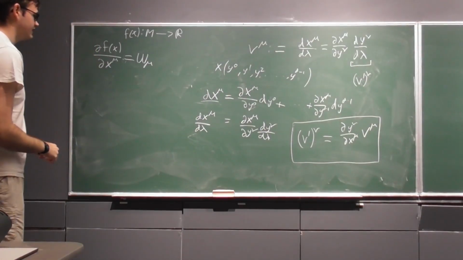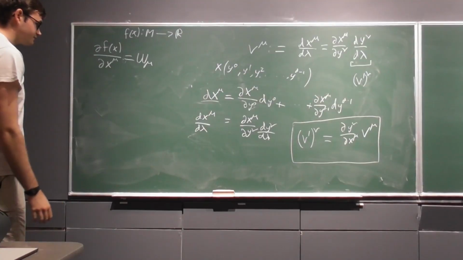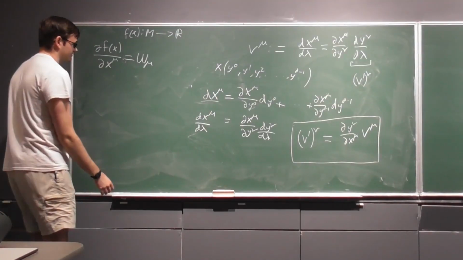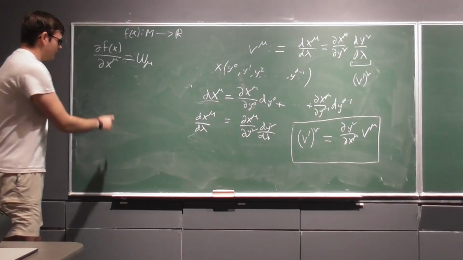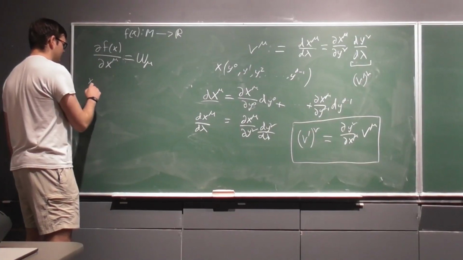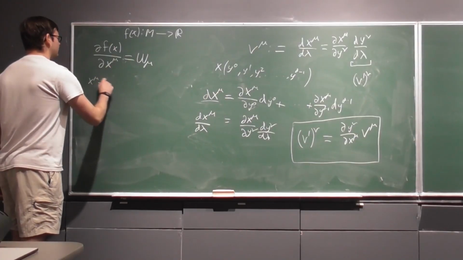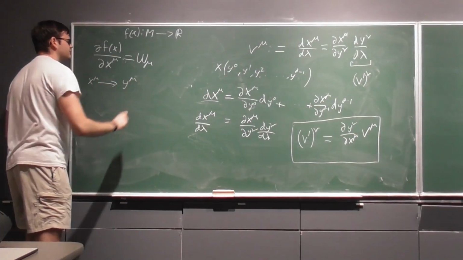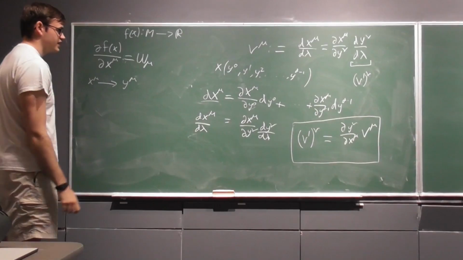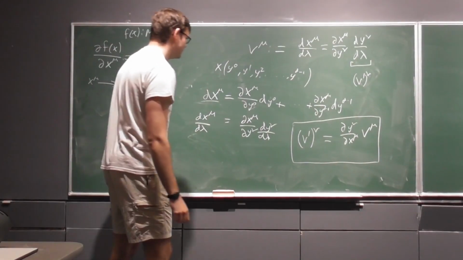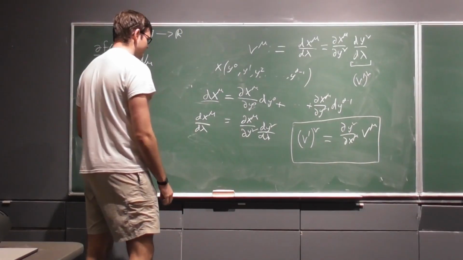So I'm going to define this equal to a vector with a lower index. Now, why is it a lower index? Well, because when I make a transformation, I started with x mu, and I'm going to change to y mu as I did before. Then we're going to do the chain rule again. This time, the chain rule is with partial derivatives.